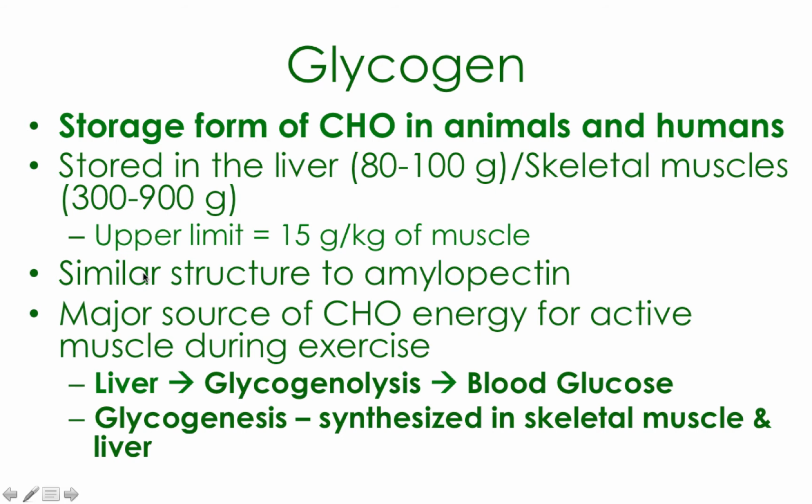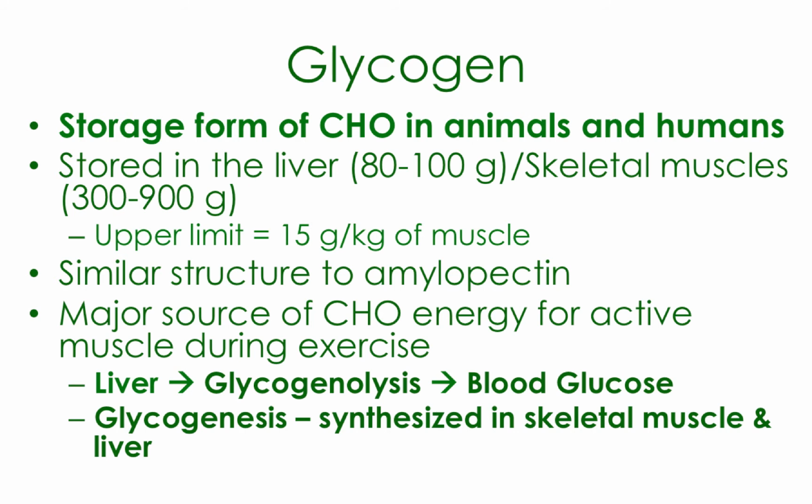All right. So the structure is very similar to that of amylopectin, which is a type of starch. Both of these are branched sugar molecules, and I'll talk more about what that branching means in a second.